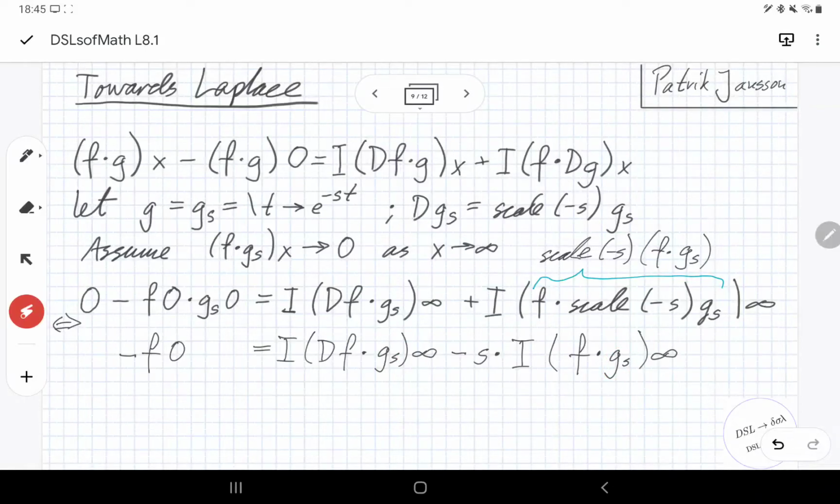Before we had a derivative of gs, but as we could compute it, we got rid of the derivative. So we've got the same function gs in 2 places, and we're relating the integral of the derivative of f to the integral of the function f. And that is the key to the Laplace transform.